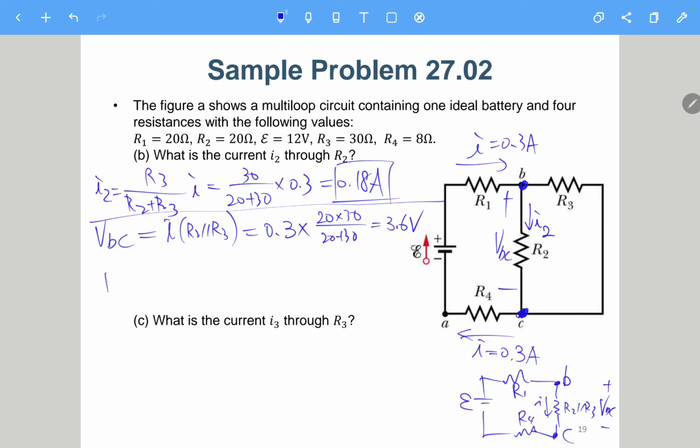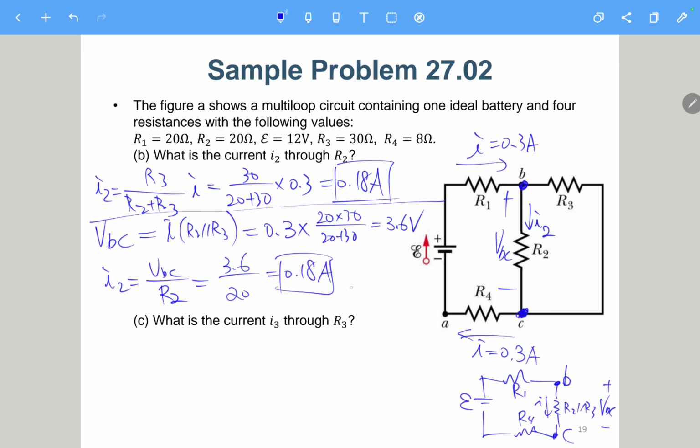So I2 should be VBC over R2. So in that case, it is 3.6 over R2, which is 20.